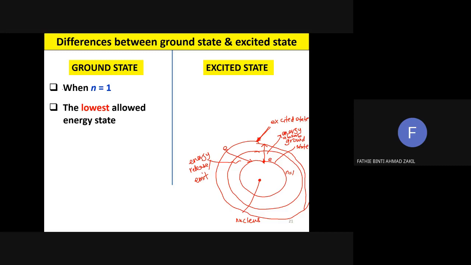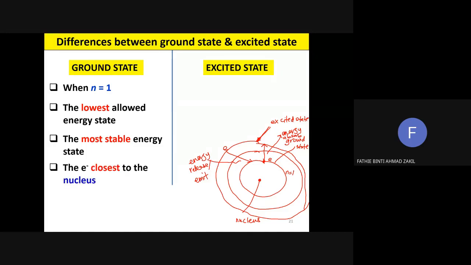Ground state ni adalah the lowest allowed energy state, yang paling rendah sekali. Dan juga dia merupakan most stable energy state, and the electron closest to the nucleus. Betul lah, sebab kalau elektron duduk kat sini, dia yang paling dekat sekali dengan nucleus.